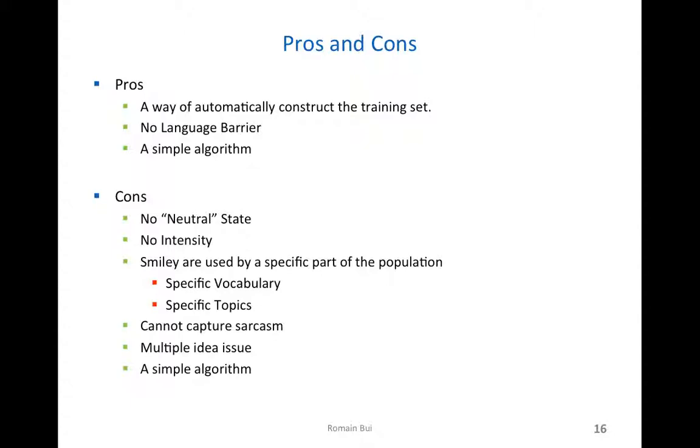Well, the happy face is going to say, okay, it's a positive tweet, and Harvard and Berkeley are going to have two positive notes on them. But actually, it was more on Harvard to have the positive and Berkeley to have the negative, or something like this. So the multiple ID is an issue. And in the case of the smileys, most of the tweets that have multiple IDs that would have multiple smileys are going to be deleted. So keep that in mind.